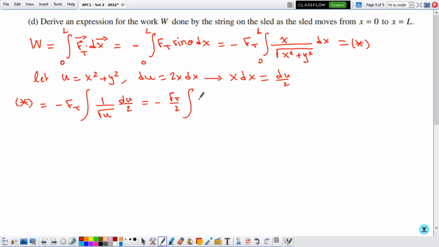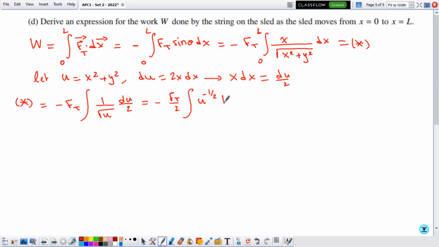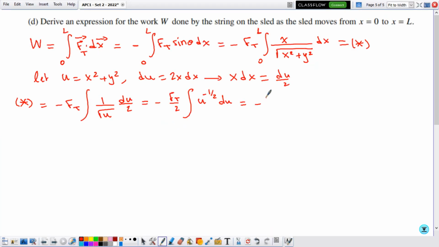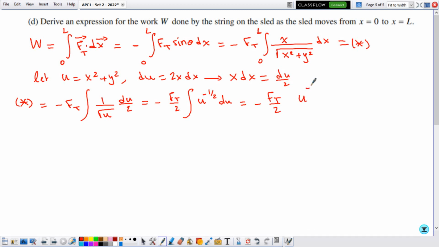The integral of u to the power minus half, because radical u is u to the power half, so it will be u to the minus half du. Remember that I won't place any boundaries here. That would be minus Ft over 2. Now this can be treated as a power function, so we add one to the power and divide by the new power, which is u to the minus half plus 1 divided by minus half plus 1.